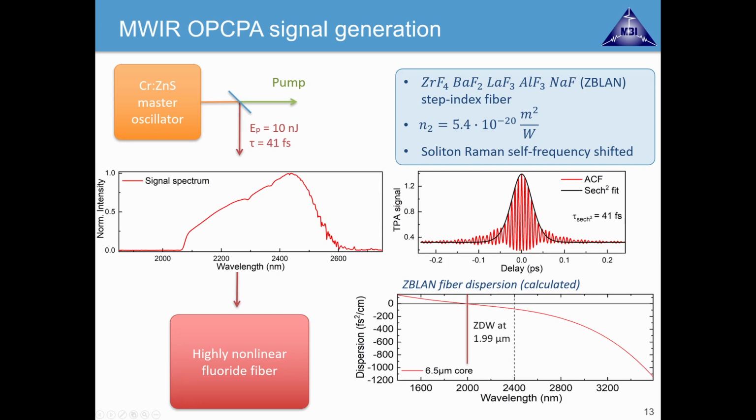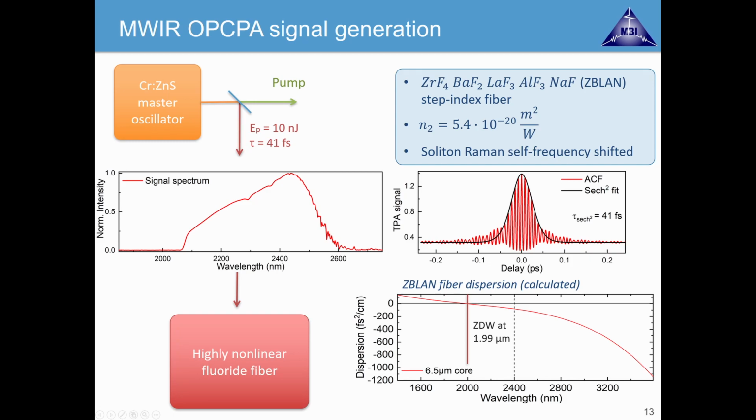Don't worry if you don't know what a soliton is. I will talk about it on the next slide. The interesting feature about this fiber is that it has negative dispersion beyond 2 micrometers. We have simulated that from the properties of the fiber and its geometry.